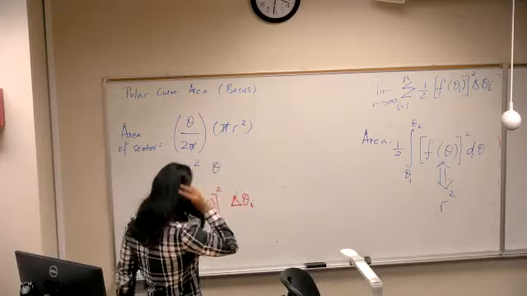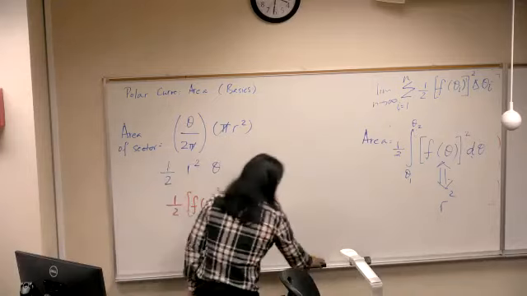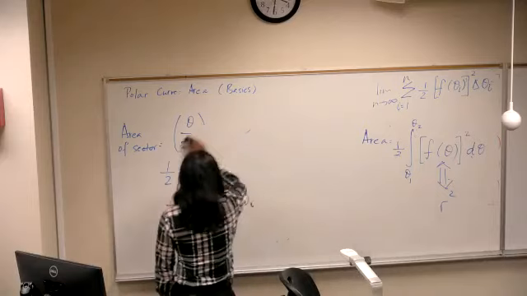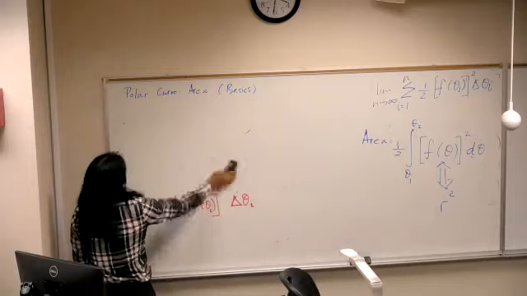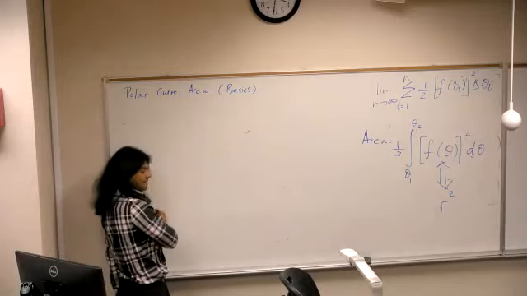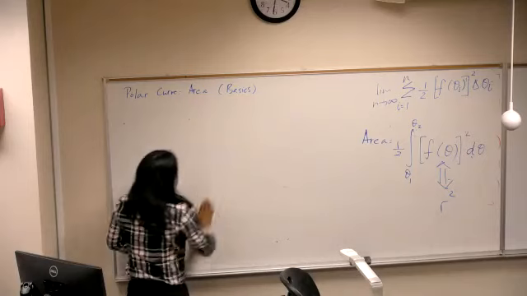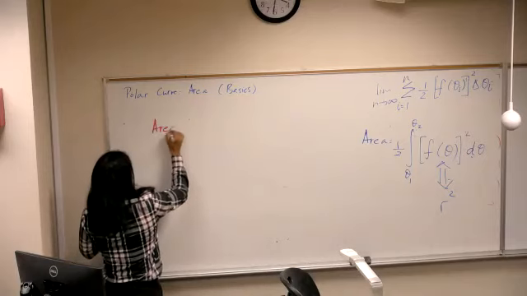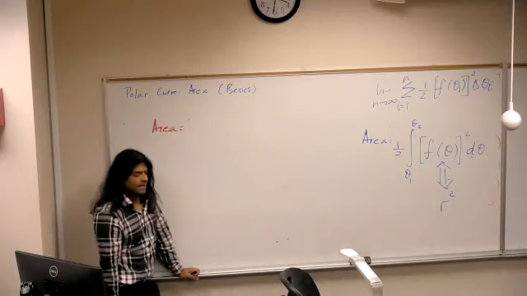I did the common sense approach. Now I gave you this formula. Before we get into something complicated, I'm going to find the area of a circle using that expression that we have.